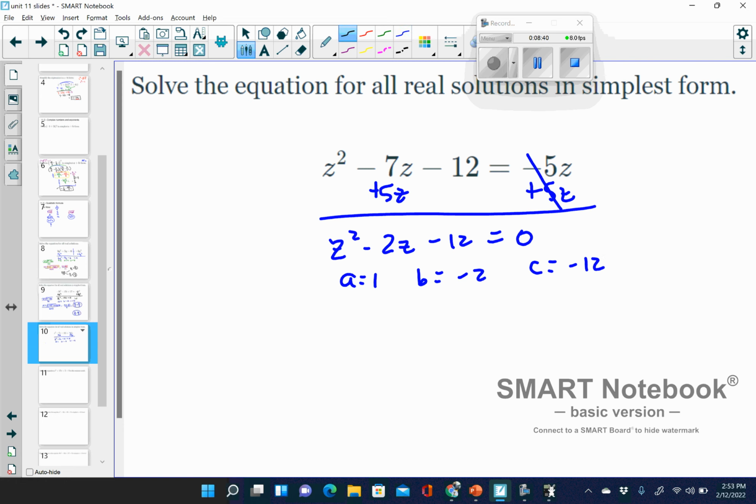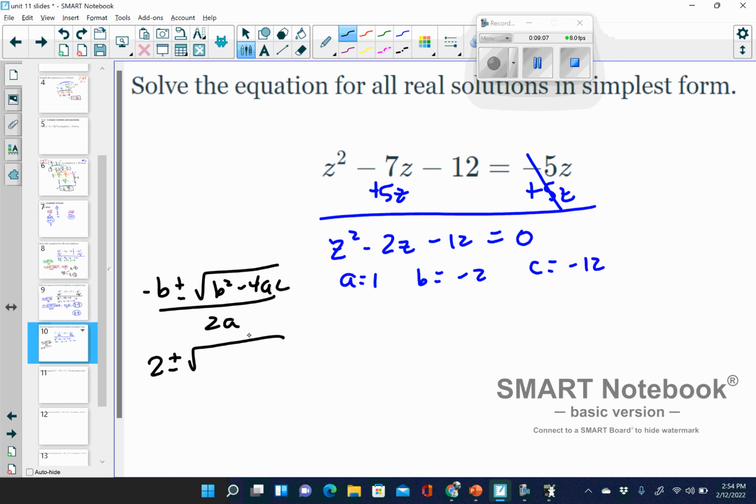So we're going to start out by doing the same thing. So our formula is negative b plus or minus the square root of b squared minus 4ac all over 2a. Again, we have our variables right here and what they equal. So negative b, opposite of b is negative 2. But anyway, since consistently we've had negatives there, so 2 plus or minus the square root. B squared minus 4ac.